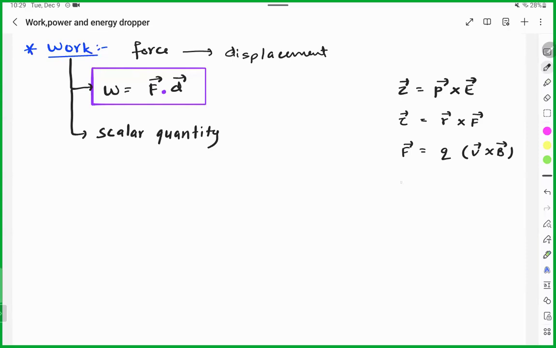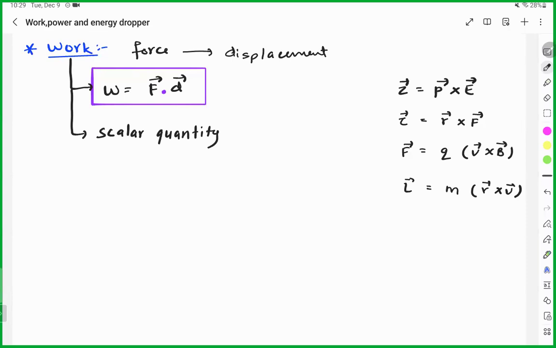If L is equal to M R cross V, it means L is angular momentum, a vector quantity. Understood? Any doubt? So whenever there is a cross, it means cross product, vector quantity.